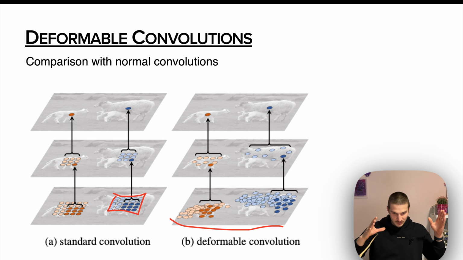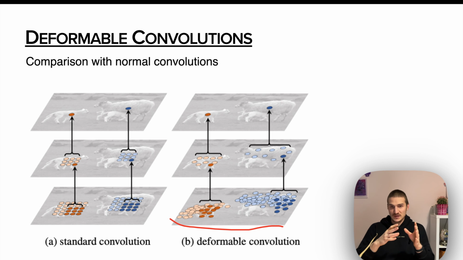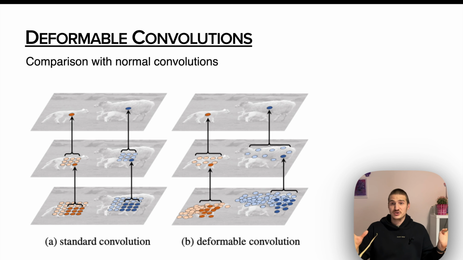So maybe for smaller objects, we will have a more dense cloud of points. So we focus more on the details, we use higher resolution. And then for larger objects, we just scatter the points around more. So we don't need to look at every specific pixel because there is excessive information in that. But instead, we can cover more ground and recognize that effectively. So this is the idea behind deformable convolution.